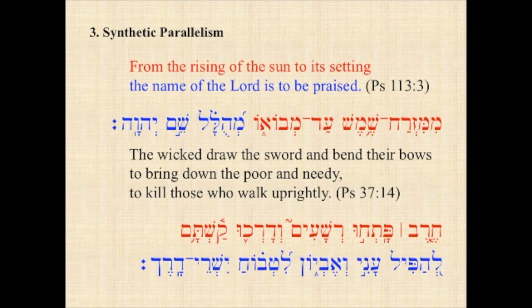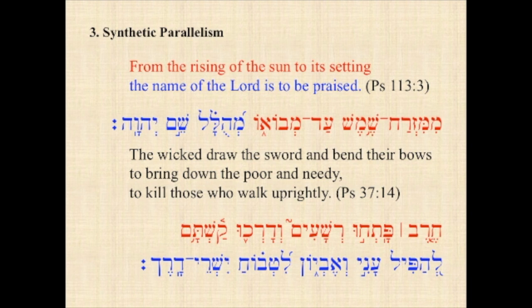You can see that they're neither synonymous nor antithetic. Rather, one simply continues on to add something to the entire thought. The idea is that perhaps there is some kind of parallel rhythm here, a parallel number of stresses, etc., but not a very obvious parallelism. A number of people question whether, in fact, this is true parallelism.